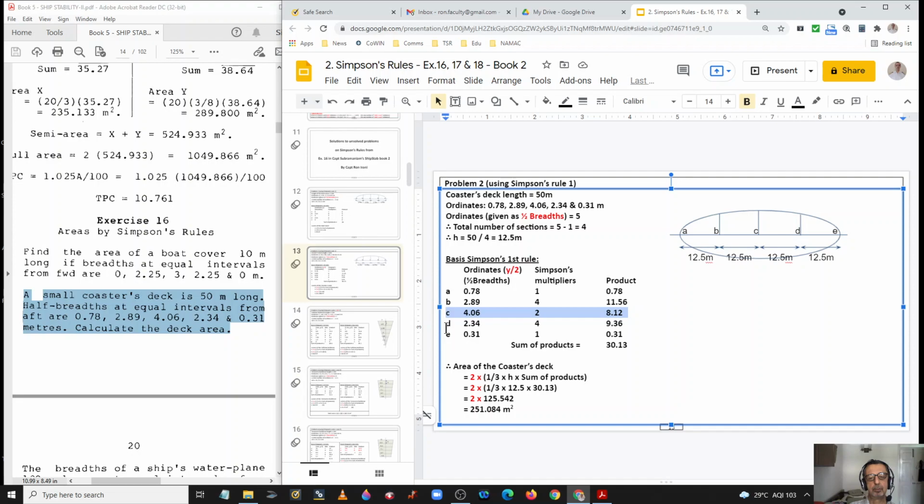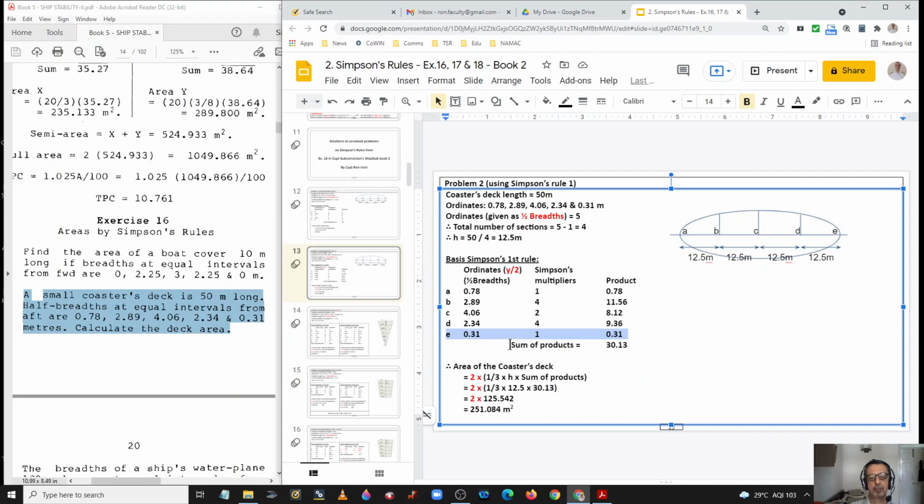For semi-ordinate D, 2.34. We have Simpson's multiplier 4, and that gives us a product of 9.36. And for semi-ordinate E, 0.31 multiplied by 1 gives us a product of 0.31.